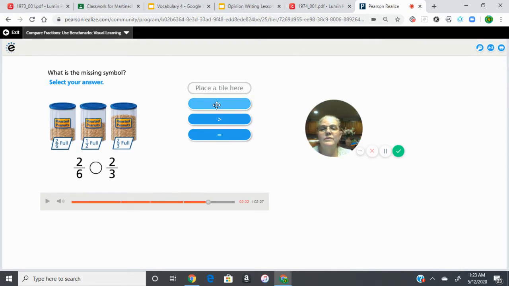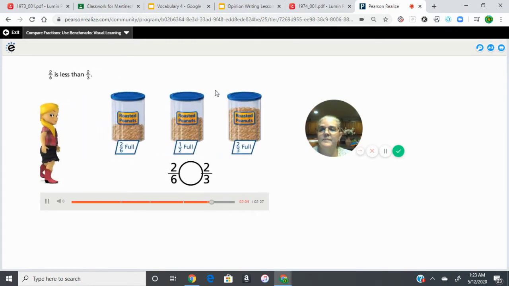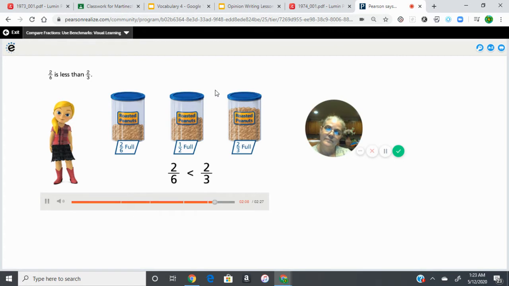So 2/6 is less than 2/3. Remember, 2/6 and 1/3 are equivalent fractions. Alan will buy more peanuts than Carrie. Now you know how benchmark numbers can be used to compare fractions.